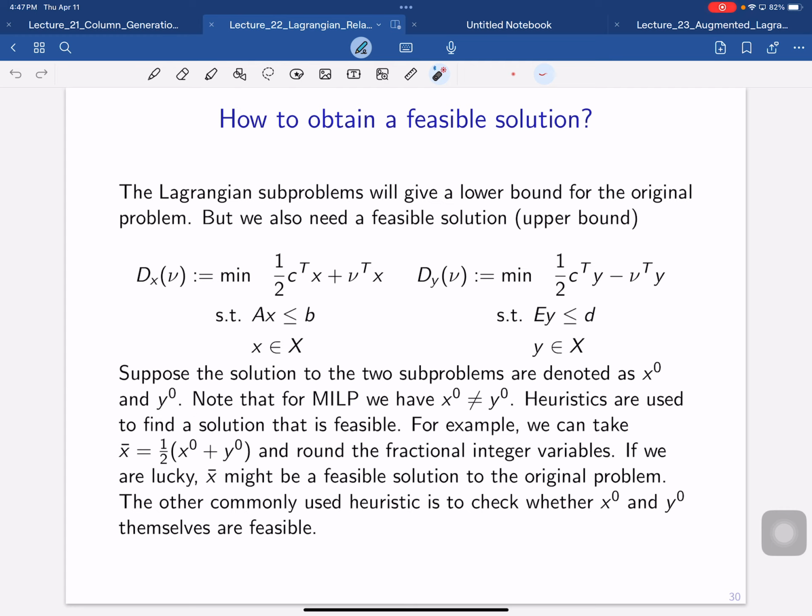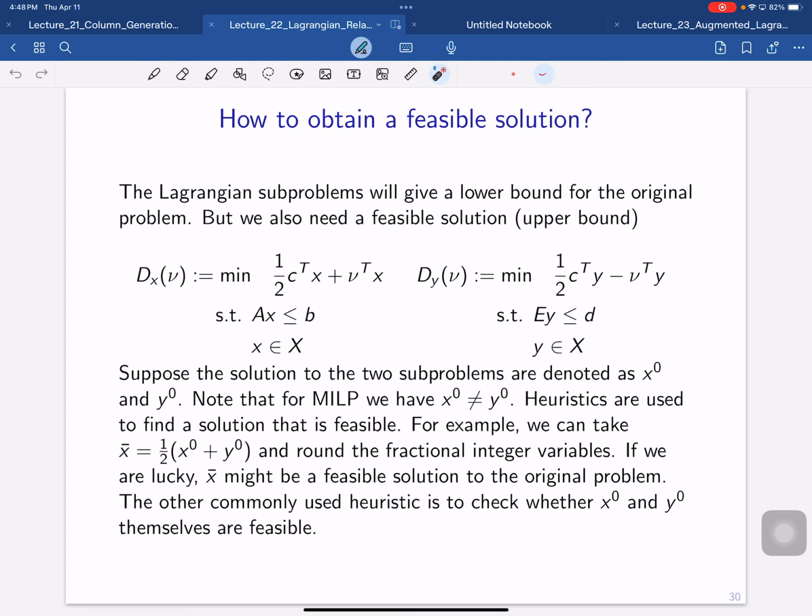So the upper bound is a feasible solution to the original problem. So how do we obtain a feasible solution to the original problem from, let's say, Lagrangian decomposition? Yeah, so that is actually the dark side of Lagrangian relaxation, because it doesn't really guarantee to give you the primal feasible solution or the primal optimal solution. You can only obtain a primal solution from some heuristics.